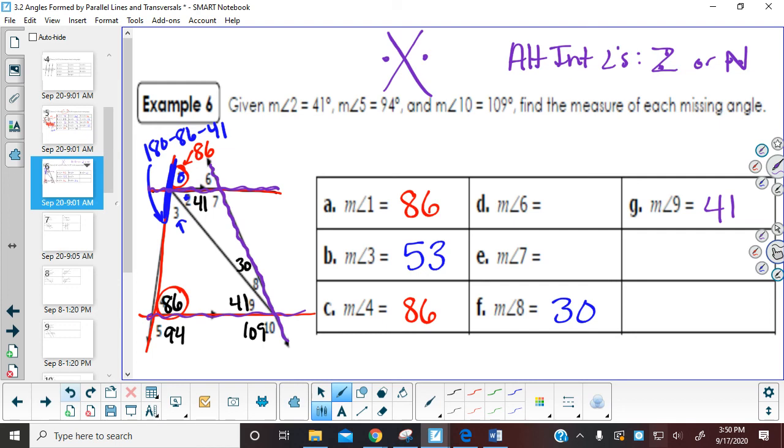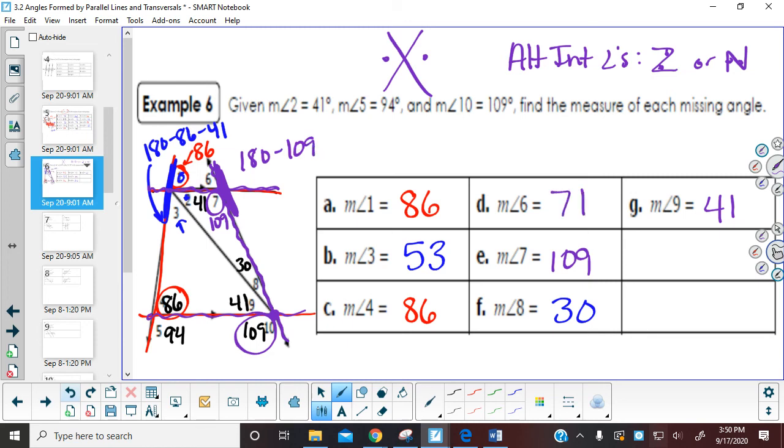I can see that this 109 is in the lower left-hand corner of this intersection here. Up here, the one in the lower left-hand corner is angle 7, which tells us that that is going to be the same because they're corresponding. And then again, if this is 109, I have a straight line here, so angle 6 is going to be 180 minus 109, which gives us 71.